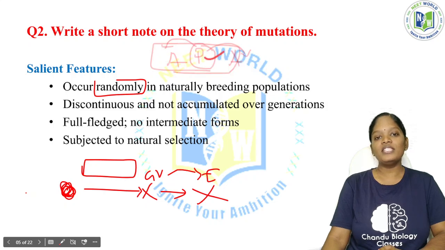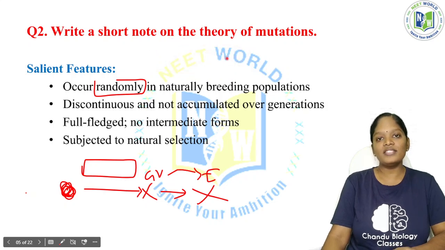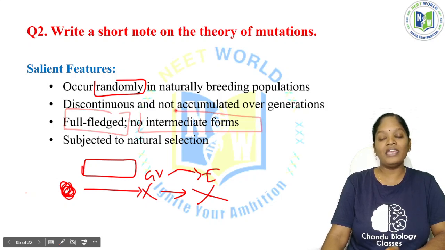So Peripatus is considered a transitional state, a connecting link between annelida and arthropoda. But in mutation, it will be full-fledged. There are no intermediate forms like a connecting link.